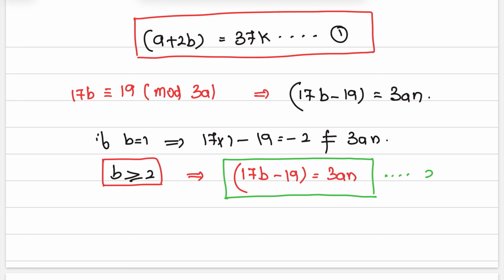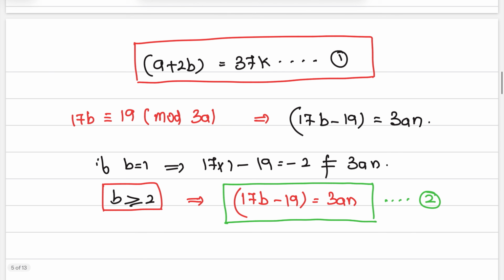Let us say this is equation 2. We have got two equations. How many unknowns? Four unknowns rather. Hence it is called a Diophantine equation, and we have to break this Diophantine equation now.